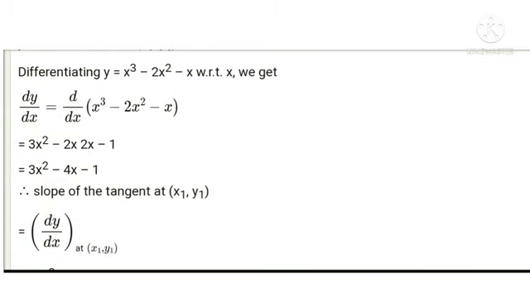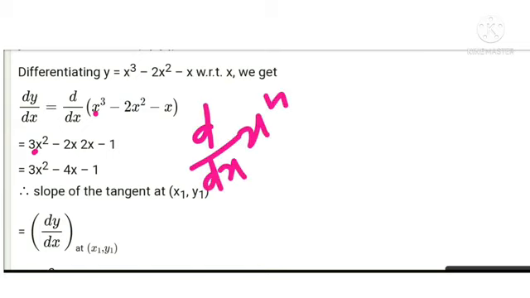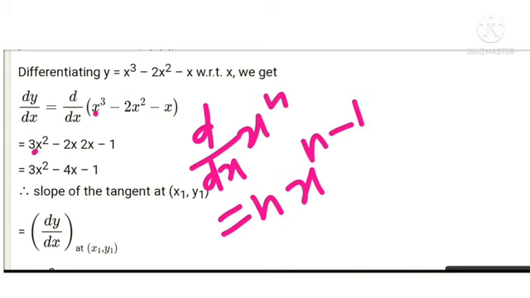So you get derivative of x cube is 3x square. You use the formula d by dx of x raised to n is equal to n into x raised to n minus 1. So we get derivative of x cube is 3x square. Derivative of 2x square is 2 into 2x, that is 4x. Derivative of x is 1.